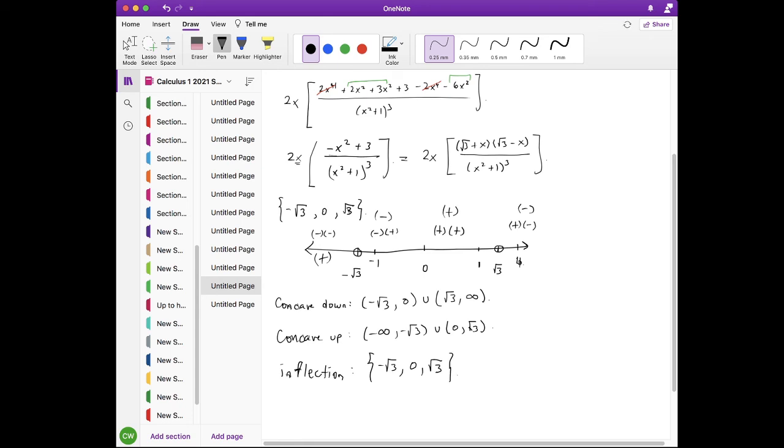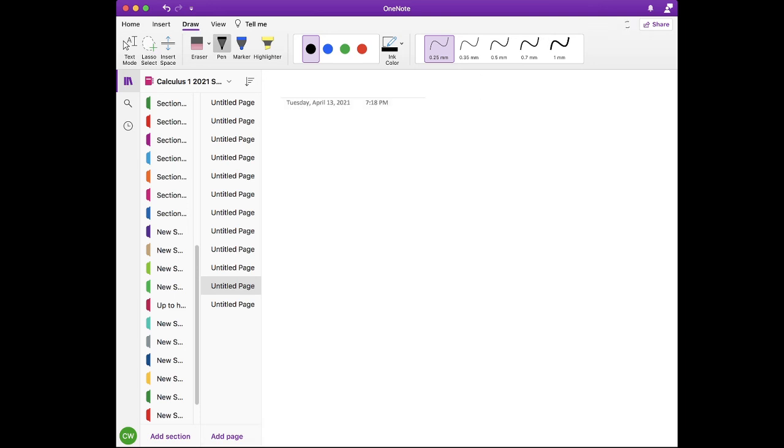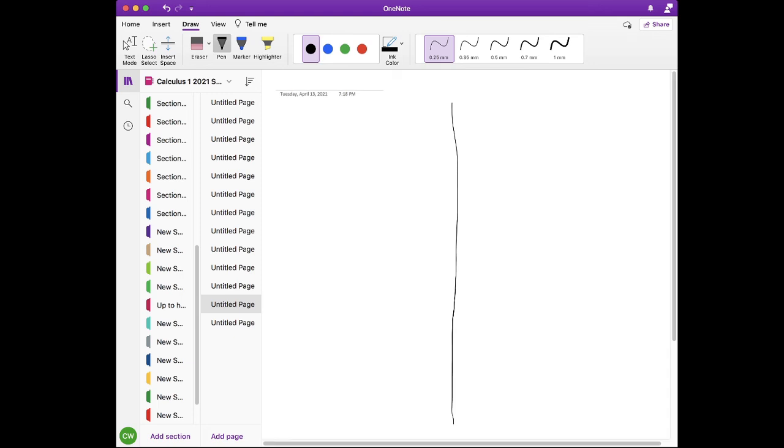All right, so for the remainder of class, let's graph this. Let's zoom out a bit. We'll do more next time. Let's start with our preliminary stuff.